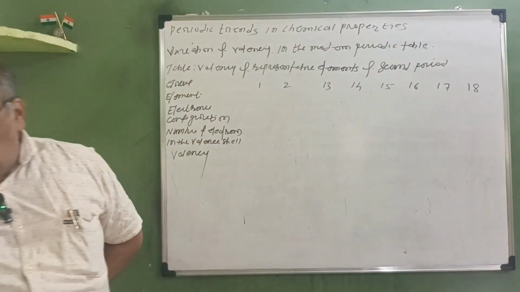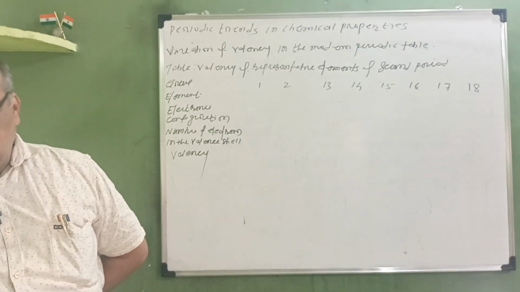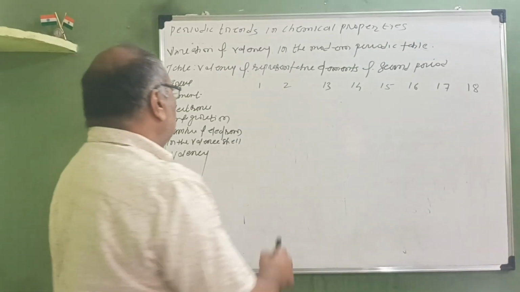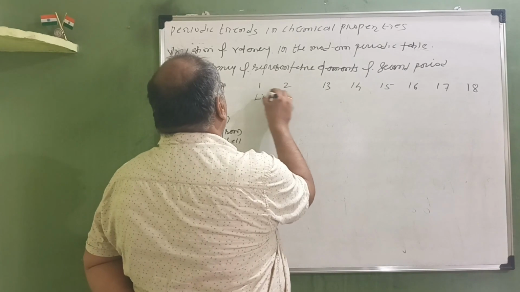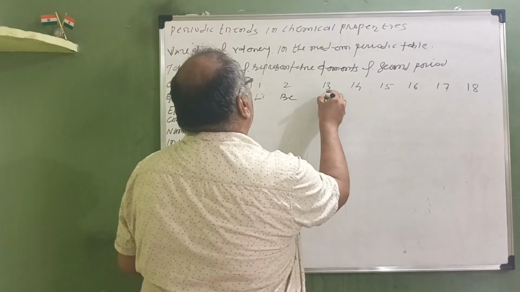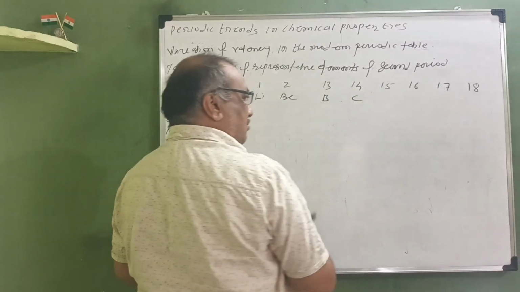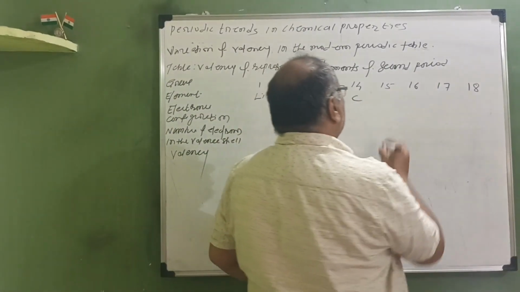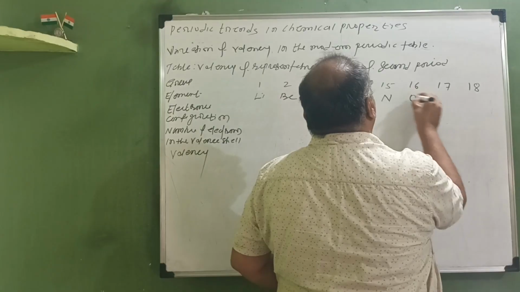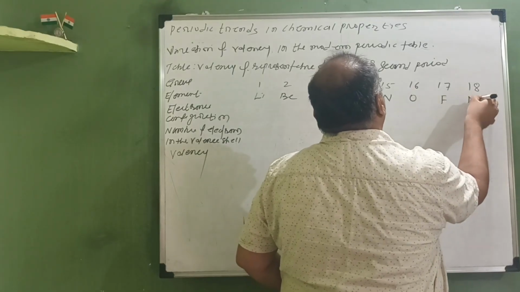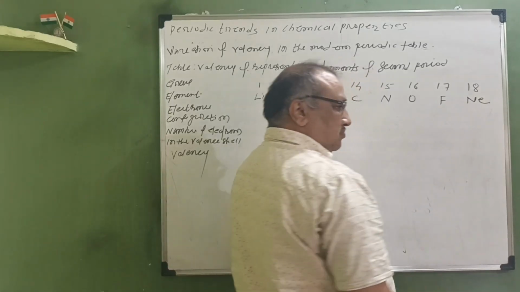Here write down lithium, beryllium, boron, carbon, nitrogen, oxygen, fluorine and neon.